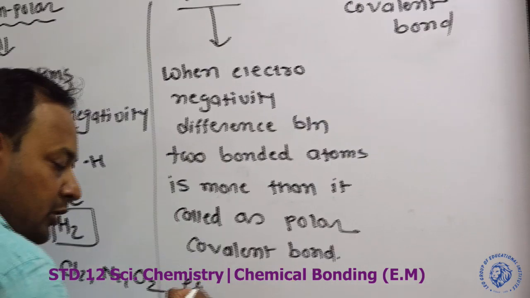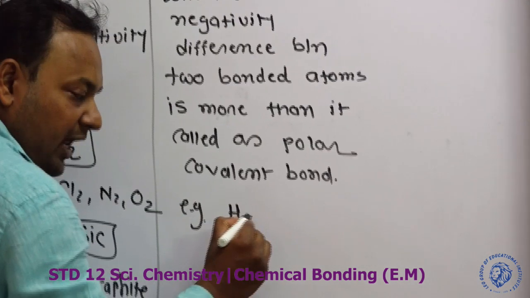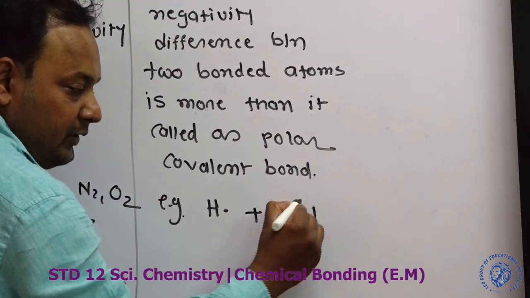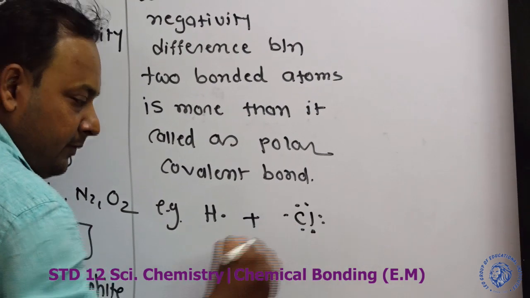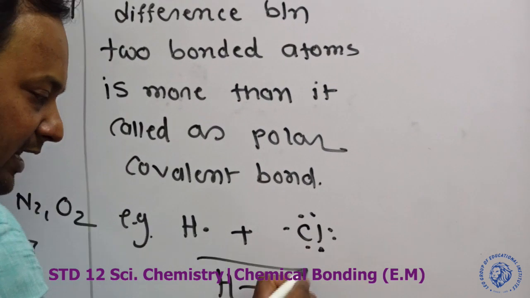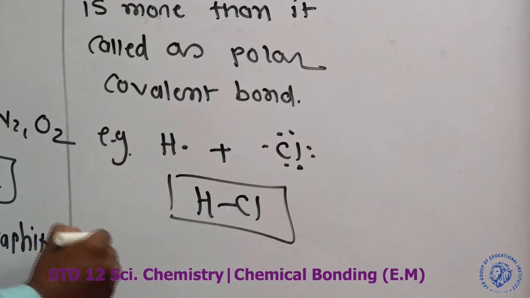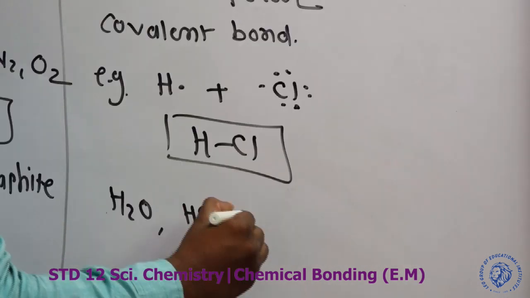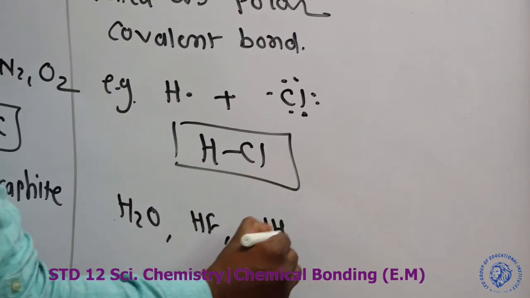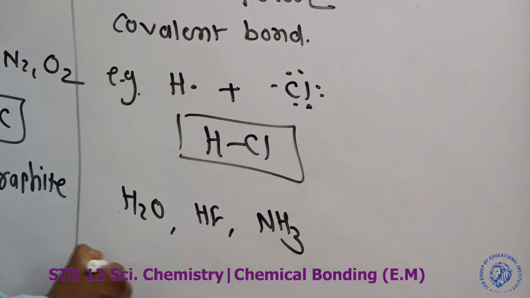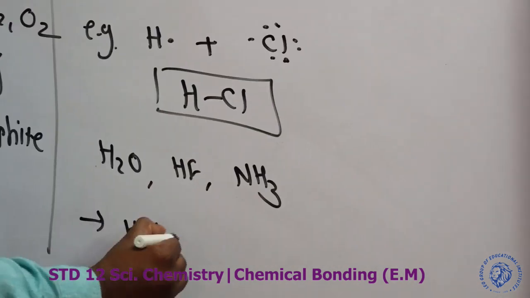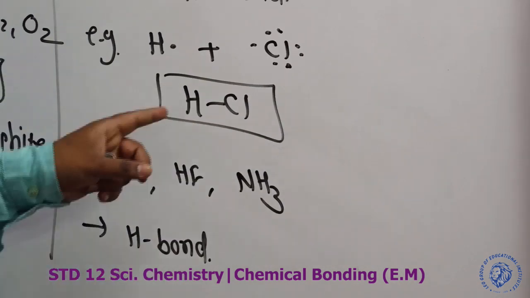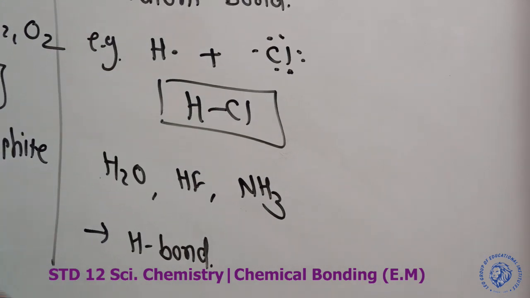Example, the bond formed between the hydrogen atom and chlorine atom, that is HCl. HCl is called polar covalent. Likewise H2O, HF, ammonia, etc. All these also show hydrogen bonding. Hydrogen bond is also present in hydrogen bonded compounds.